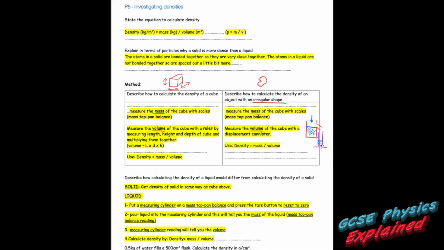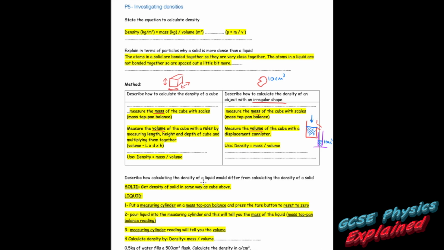And whatever volume of water that is there, let's say it's 10 centimetres cubed, that would be the volume of your object. And then finally use density equals mass over volume, just like before. And again, that could get you 6 marks in an exam, or 4 marks.